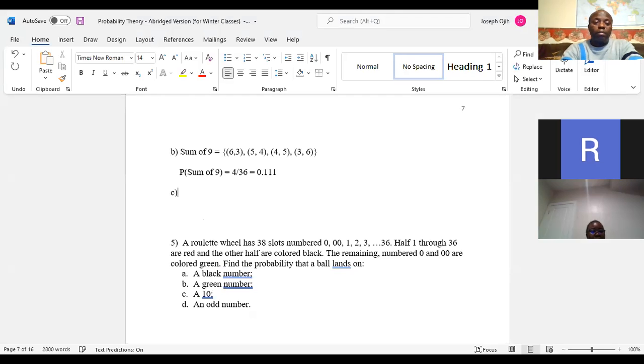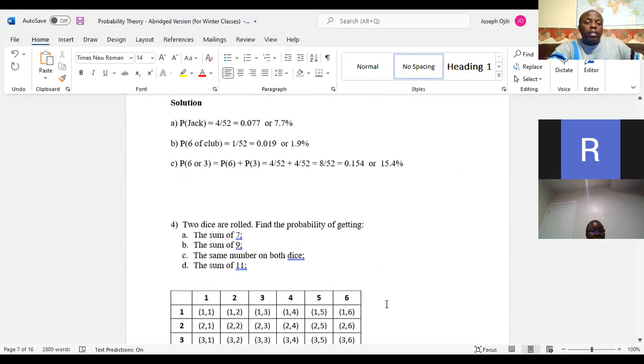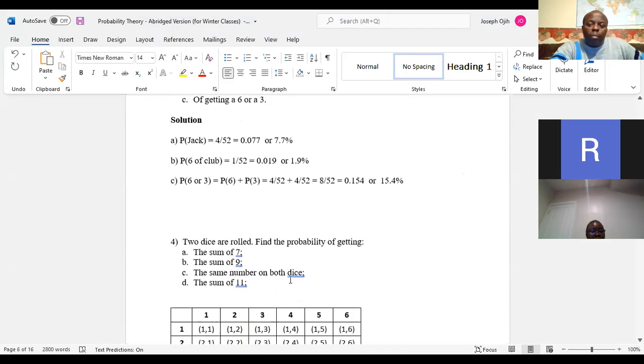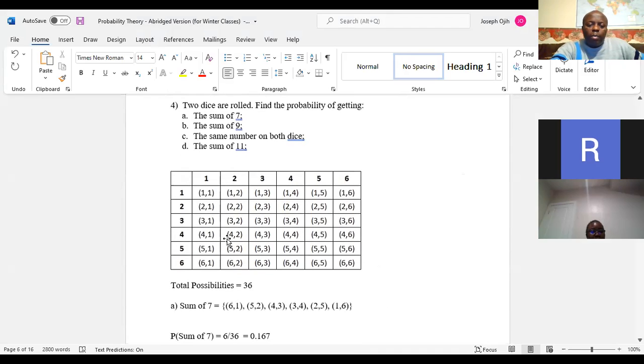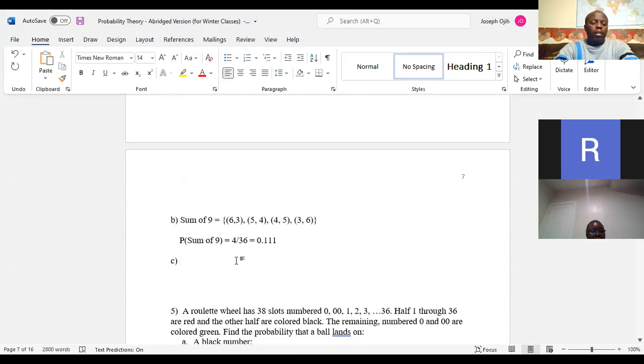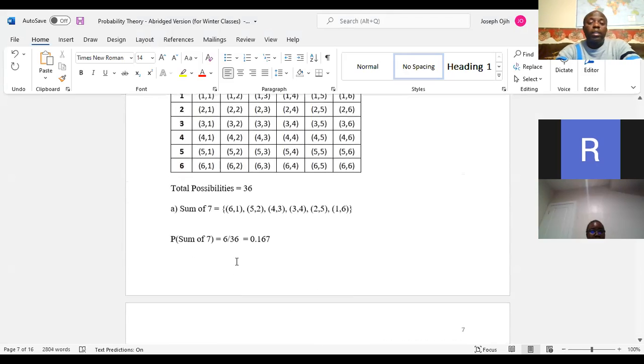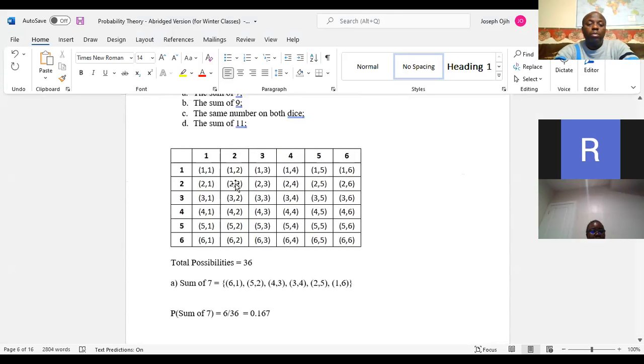Part C asks for getting the same number on both dice. You can see them right here: 1, 1, 2, 2, 3, 3, 4, 4, 5, 5, 6, 6. So how many of them? 1, 2, 3, 4, 5, 6.